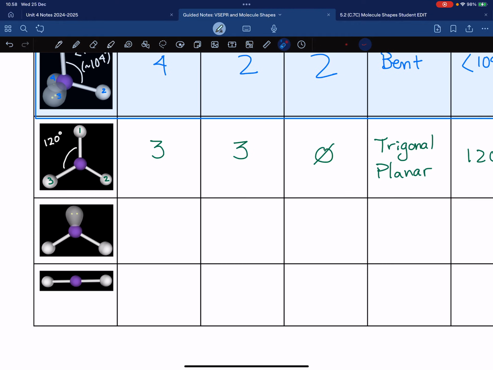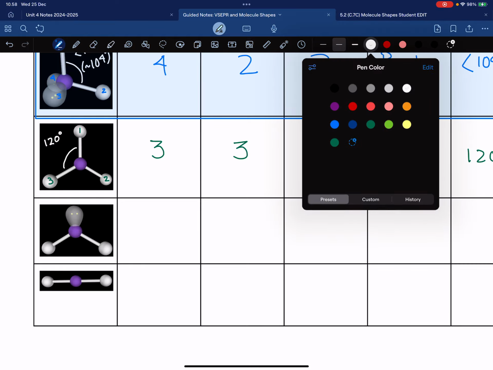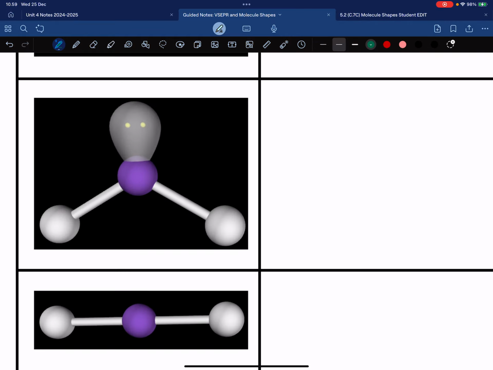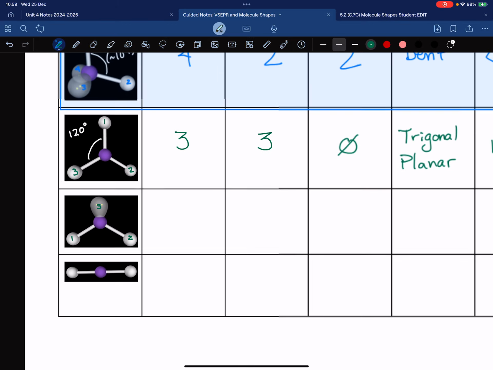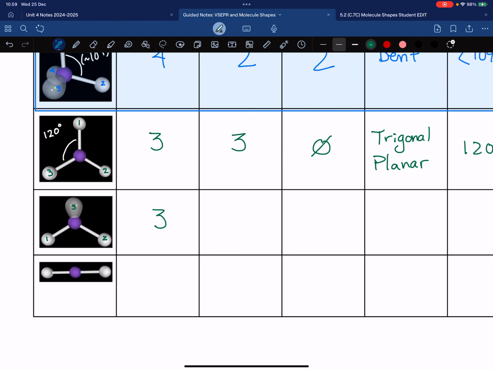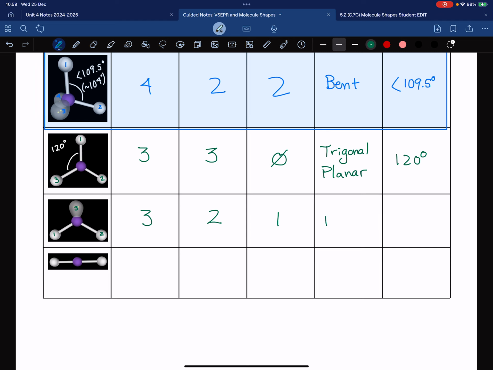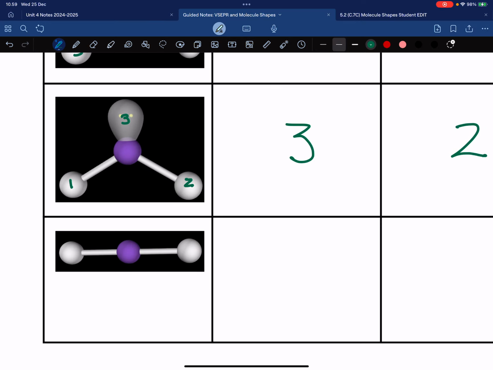All right. Next, we have 1, 2, 3 things hanging off the central atom. Those are 3 electron domains. 2 of them are bonds. 1 of them is a lone pair. That is also called bent. The bond angle is less than 120 degrees because, again, that lone pair pushes on those, brings them closer together.